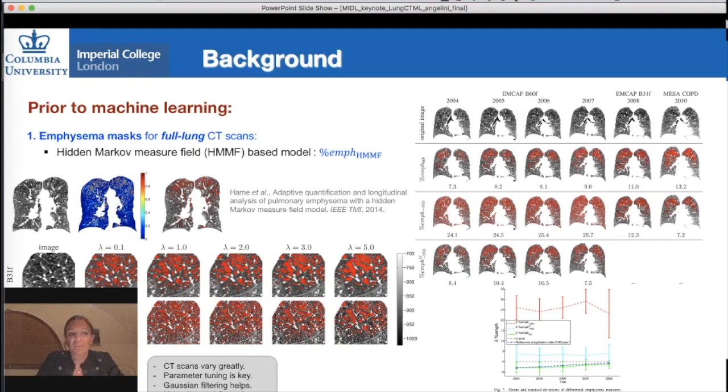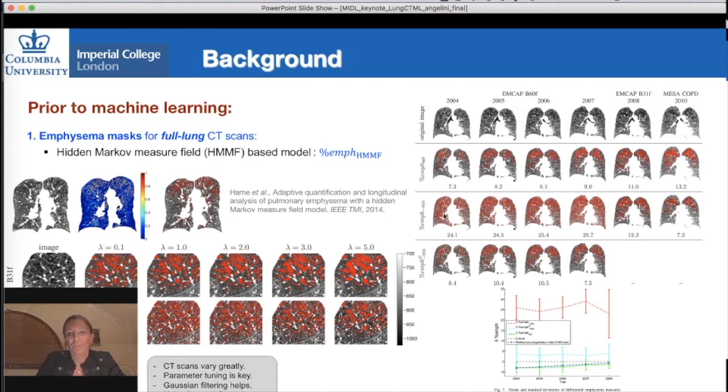It's a statistical method leading to pixel-wise labeling of emphysema, and it was published here. One of the things that took us a lot of time is the parameter tuning, especially for the spatial regularization, which is illustrated here, as image quality can vary a lot, even for the same subject scanned with 2 CT acquisitions using different reconstruction filters.